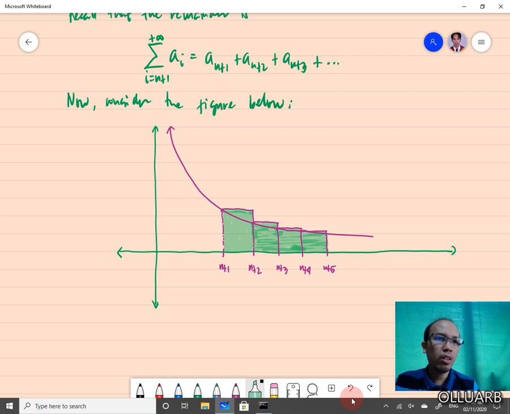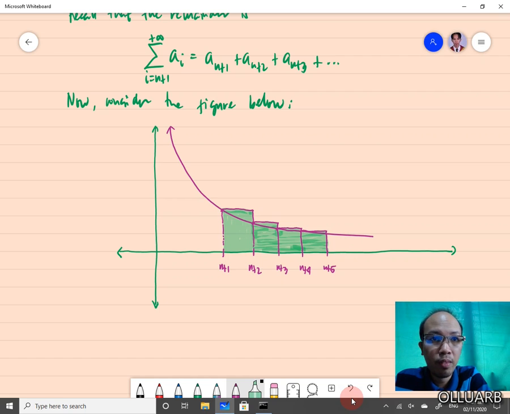Notice that in this figure, we overestimate the exact area of the remainder. Remember that there are shaded regions here outside, no, above the graph of the function. So what we can conclude here is that we overestimate the area of the remainder.